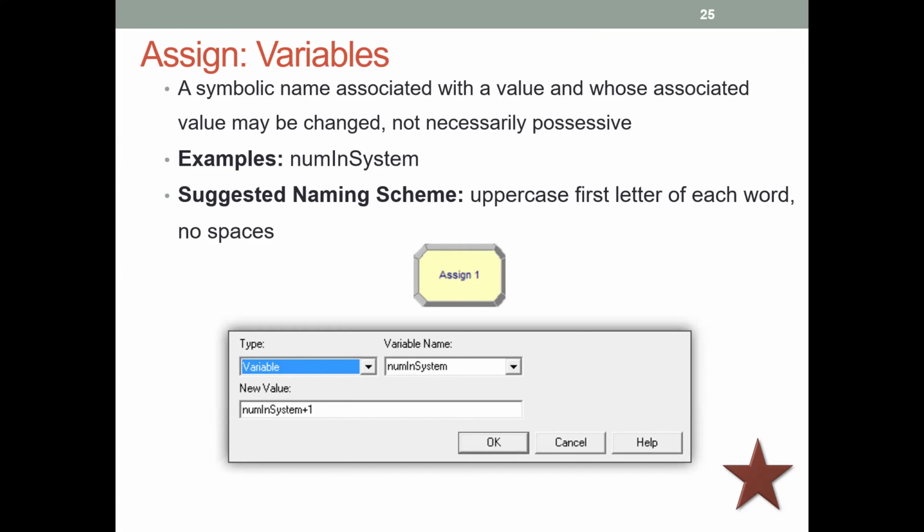And I can do the same thing towards the end of the simulation, basically before the dispose, and have something like num system minus 1, which is going to decrease the number of entities inside the system by the time they're going to be disposed. And that's what we're going to be doing today in terms of the variable definition. So we'll talk more about that in a minute.